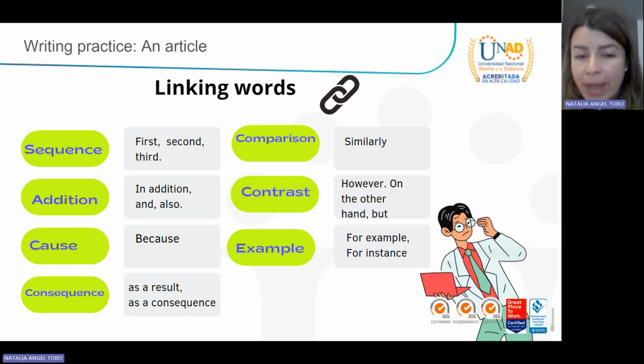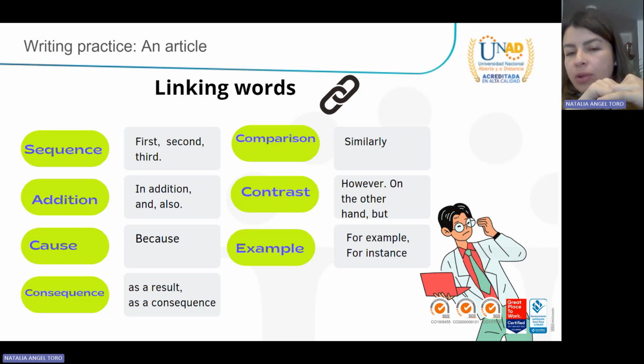When we want to explain something, for example, we make a statement and we want to explain that statement, we use because. For a consequence, it's also used a linking word, as a result or as a consequence. To make a comparison, when we have two ideas or two things to compare, we can use linking words to make comparisons also.